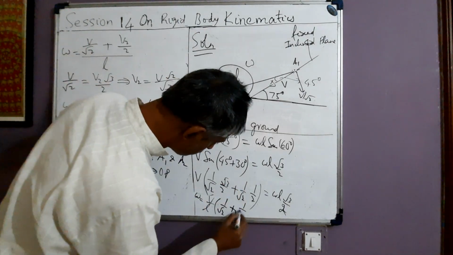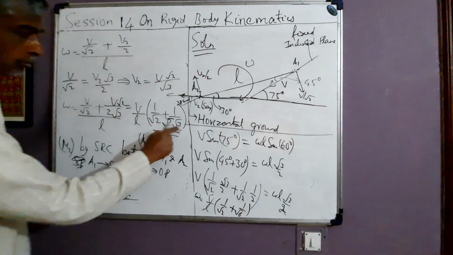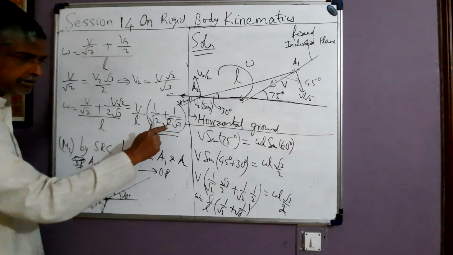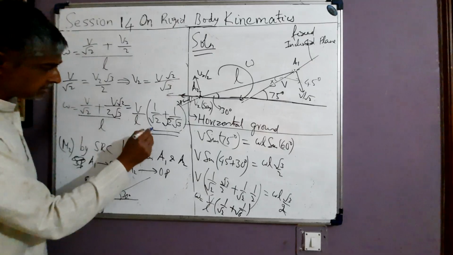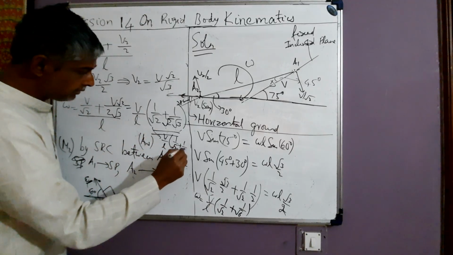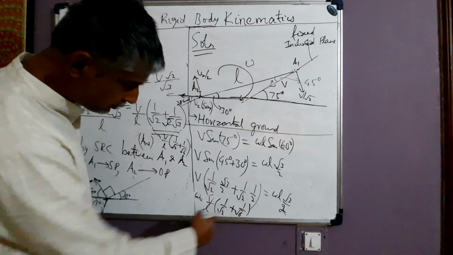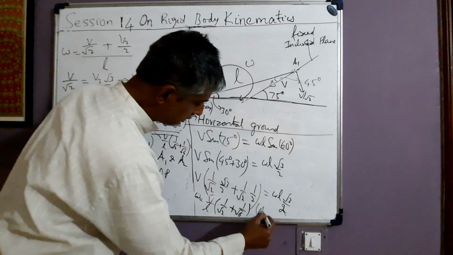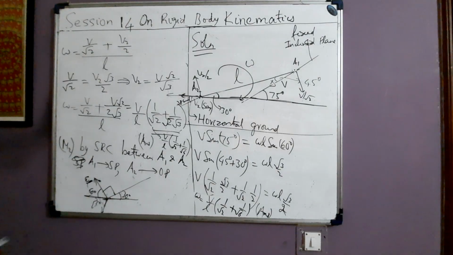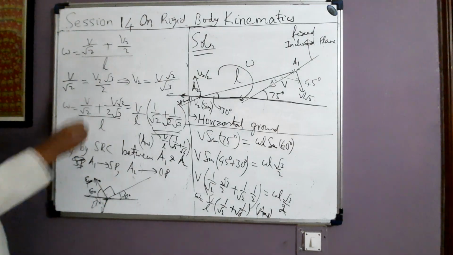Root 2 into root 3 becomes root 6. If we just write it here, 1 by root 2 plus 1 by root 6. Same answer we obtained here also. So we have found omega by 2 methods. Now I'll rub this one.